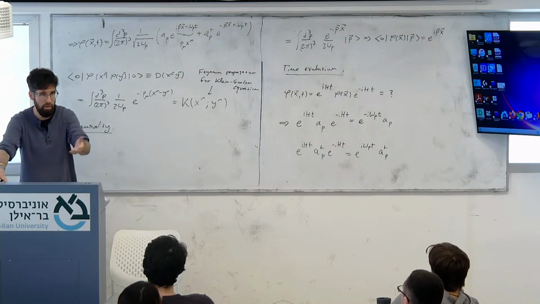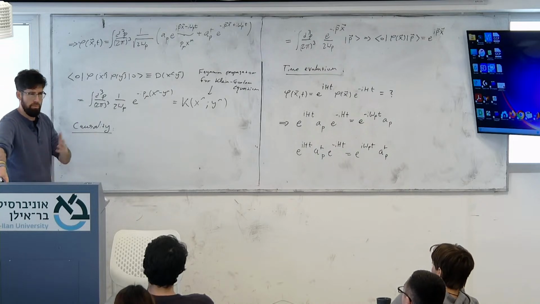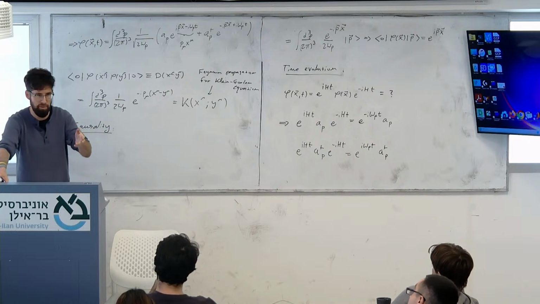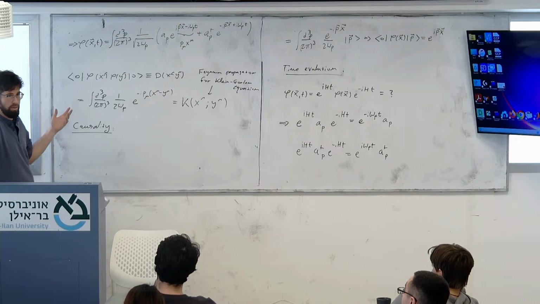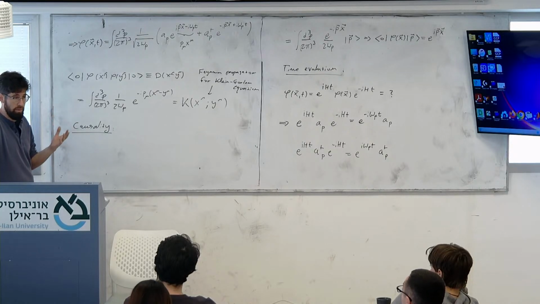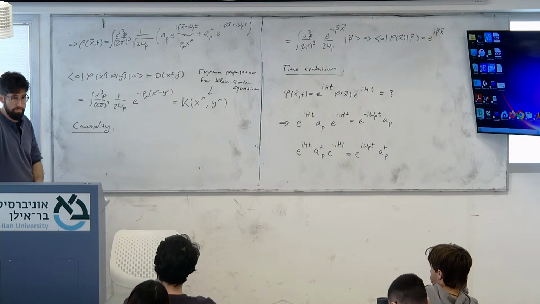But as Joseph, I think, asked, the real thing we want to look at is not the correlations, but the expectation value of the commutation relation.